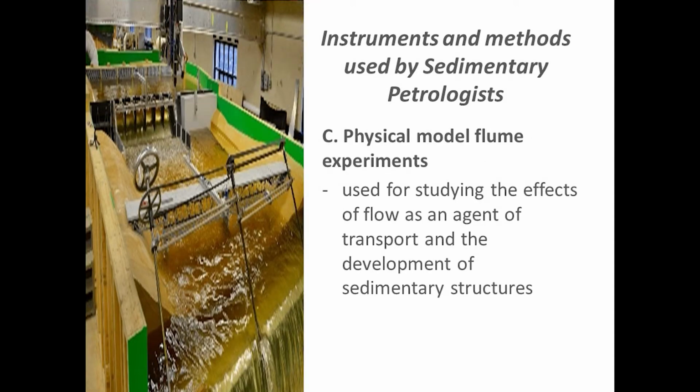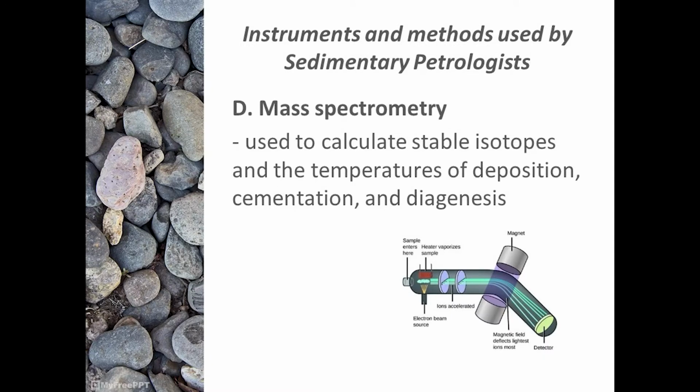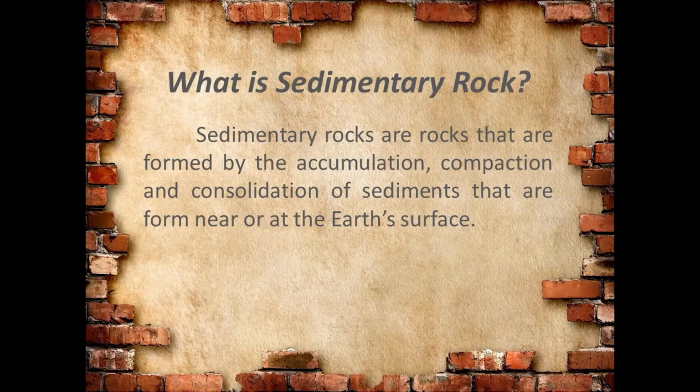Next are physical model flume experiments, which are used for studying the effects of flow as an agent of transport and the development of sedimentary structures. Last is mass spectrometry, which is used to calculate stable isotopes and the temperatures of deposition, cementation, and diagenesis.